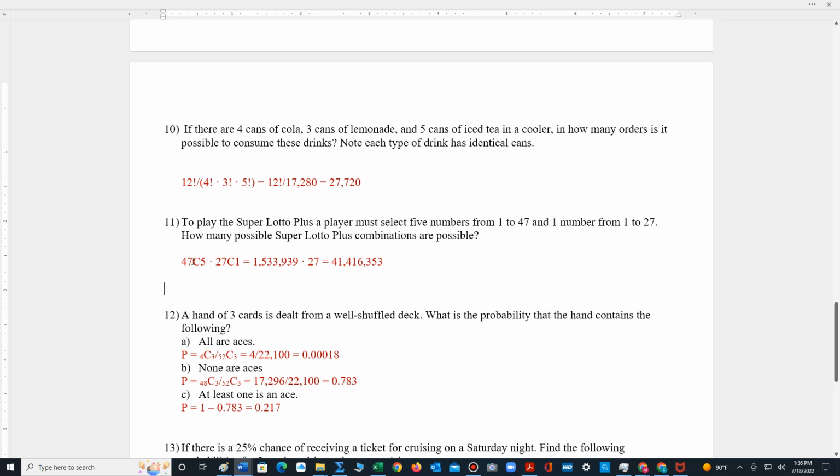Well, we have 47 numbers, we're choosing 5, times 27 numbers, we're choosing 1. That's 1,533,939 times 27, which gives us a total of 41,416,353.